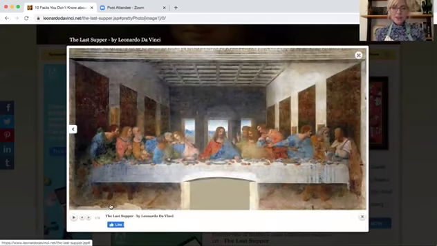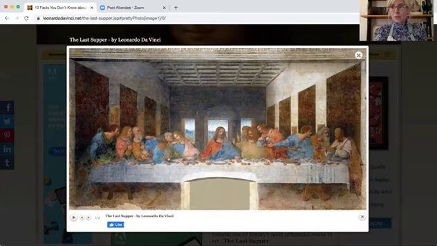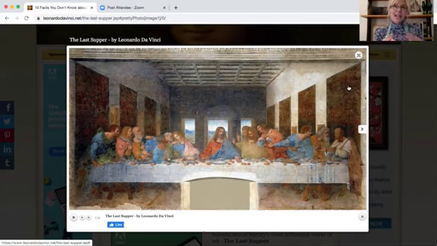Now, while this is a perfect example of one-point perspective painting or drawing, it also incorporates another way of creating a three-dimensional environment on a two-dimensional surface, and that is atmospheric perspective.